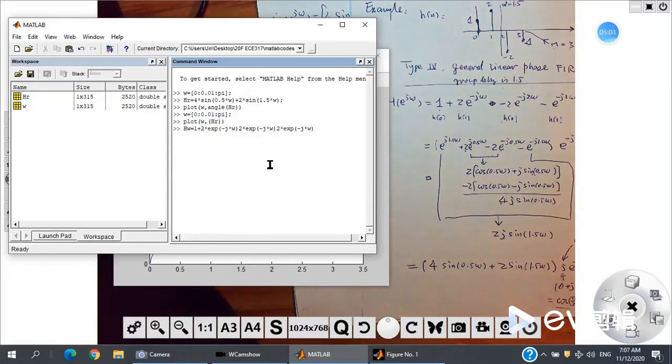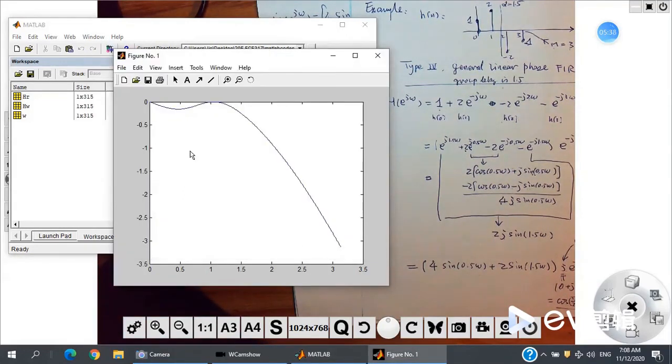Okay, the first term is 2 times it, and then negative 2 times it, and here I need a double of it, and the last term just 1 times it, I don't need the 2, and here is 3 times. Then we can plot the omega and the phase, the angle of H. This is the phase.